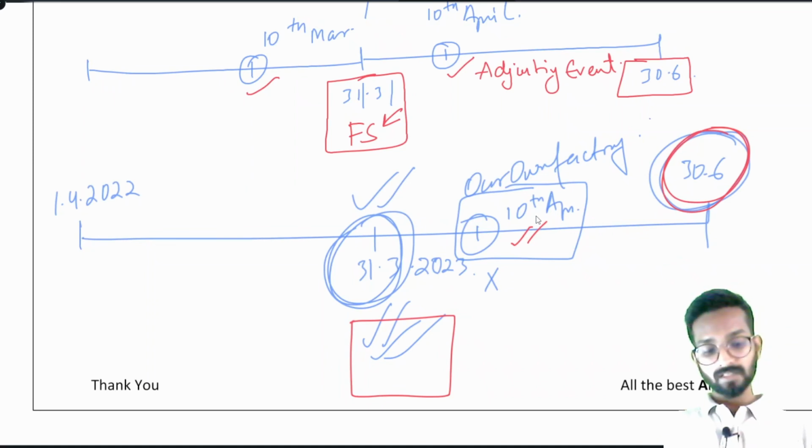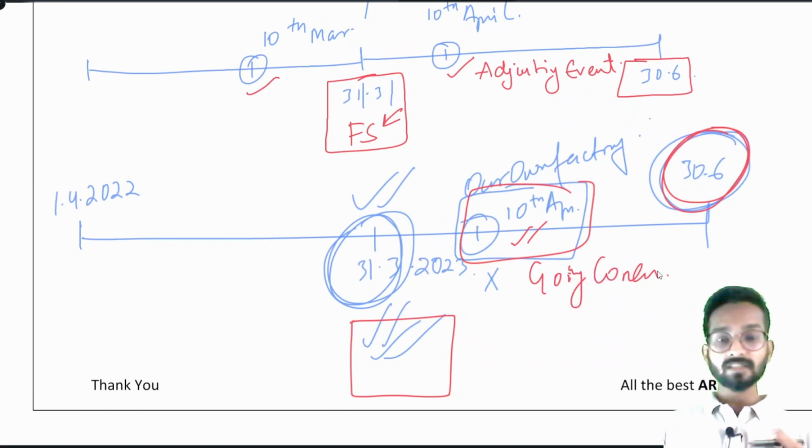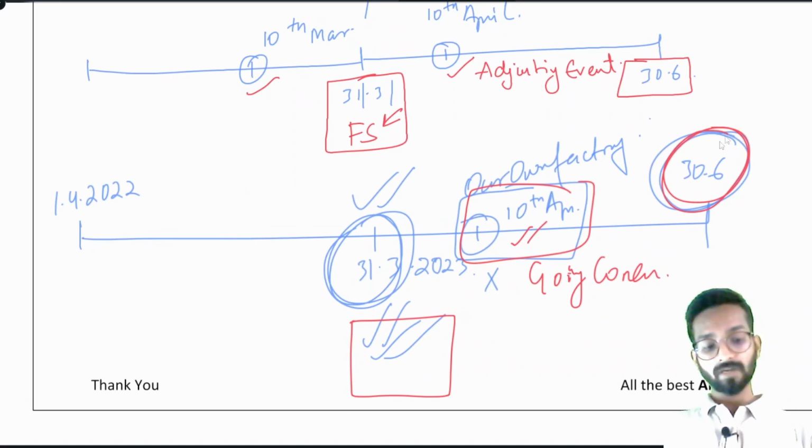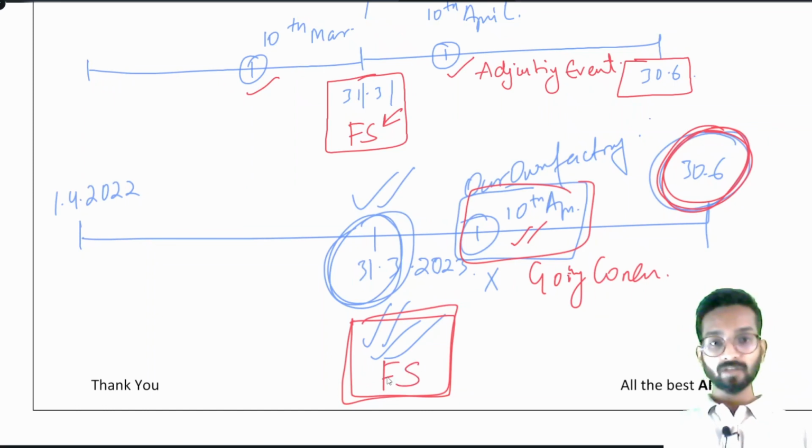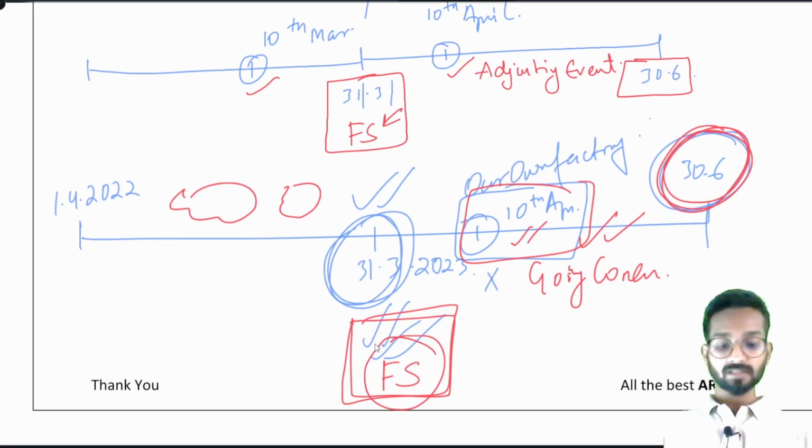See, understand this. If the fire was so huge that our going concern is affected, that the existence of my business is affected, that I do not even know whether I can run the business or not, then definitely I have to tell my directors, I have to adjust my financial statements. Understood? Even if there was no contingency, there are no clouds, but directly the event happened, you still have to adjust the financial statement, and you will prepare all financial statements assuming that there is no going concern, and all the values you have to represent on NRV basis.